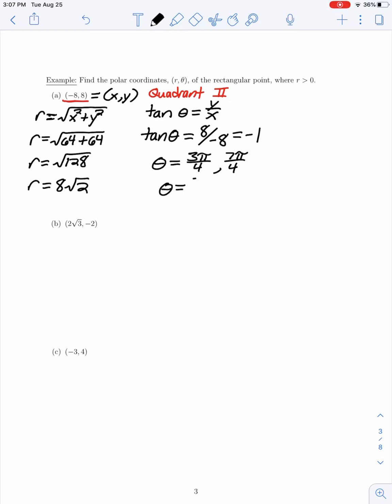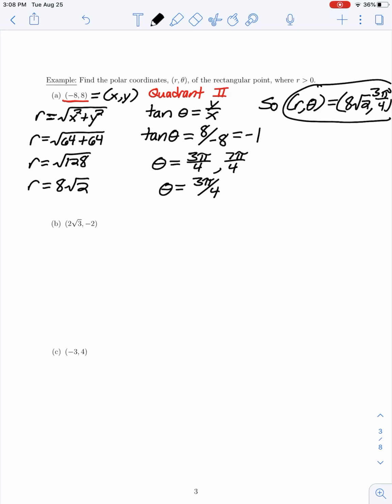Well, the only one would be 3 pi over 4. The value 7 pi over 4 lies in quadrant 4, which is not where the point that we're given lies. So the point can be represented as r theta equals 8 root 2 and 3 pi over 4.